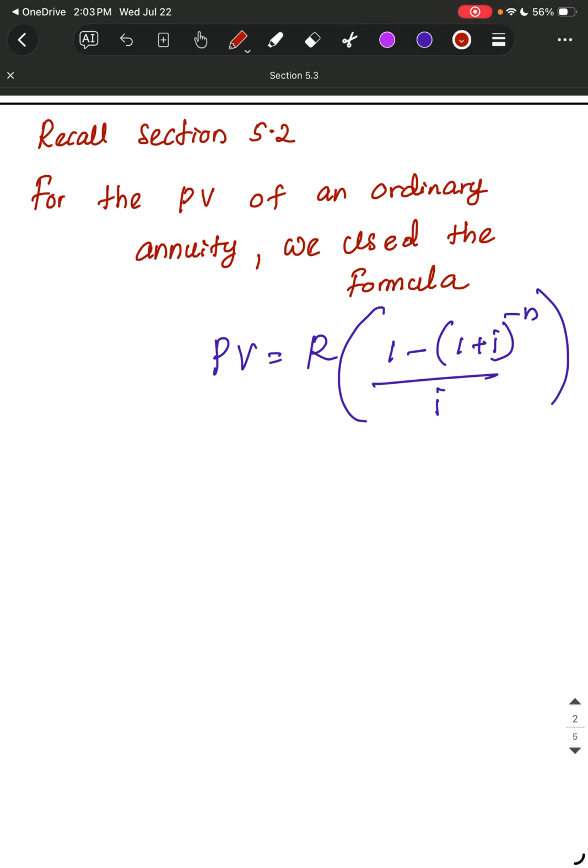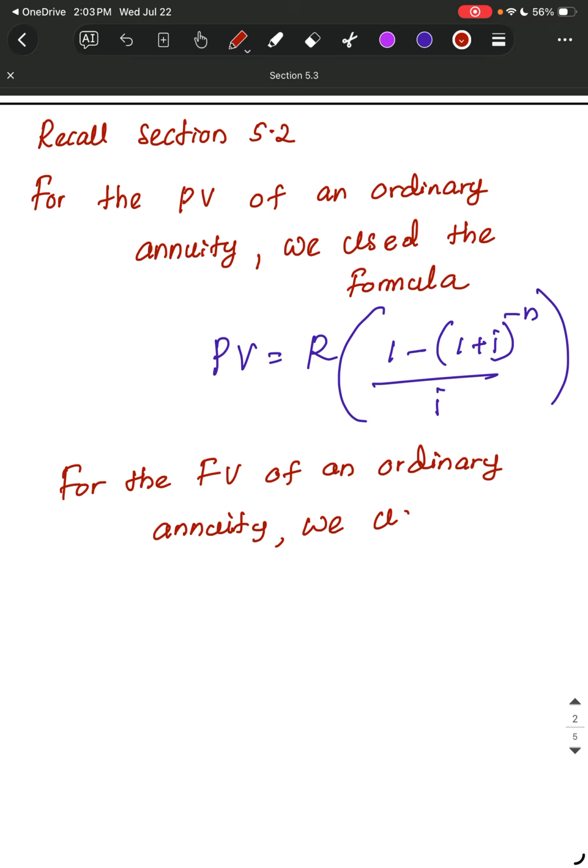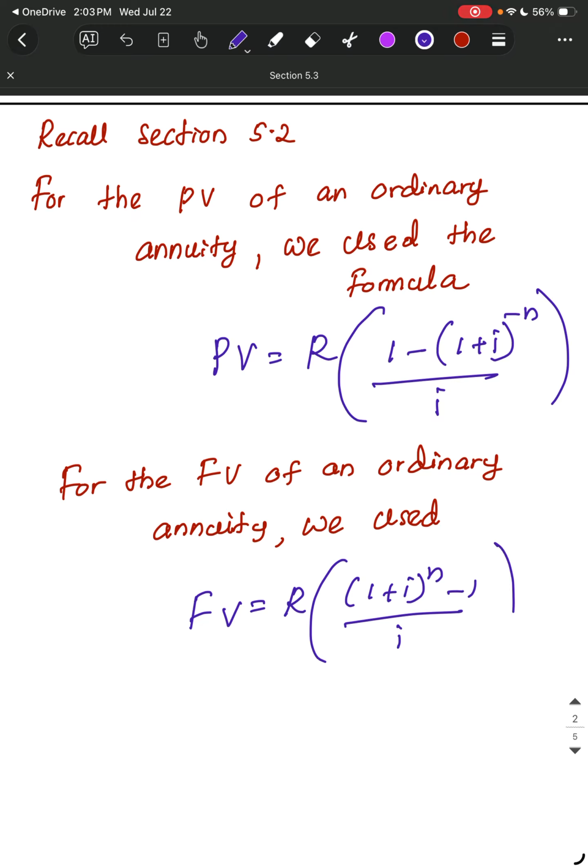Also, for the future value of an ordinary annuity, we used the formula: future value equals R times ((1 plus i) to the power n minus 1) over i.